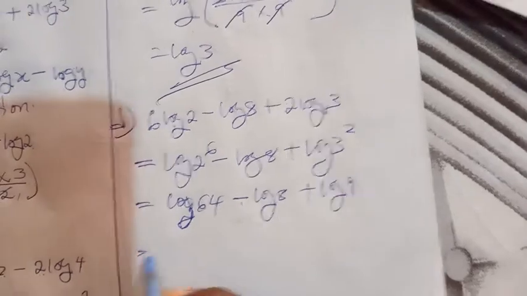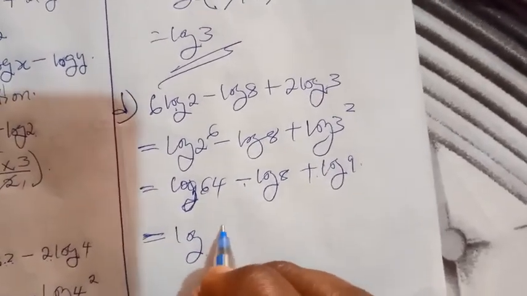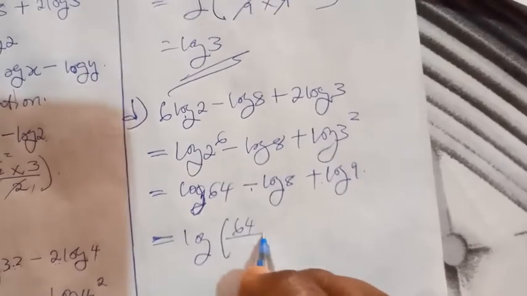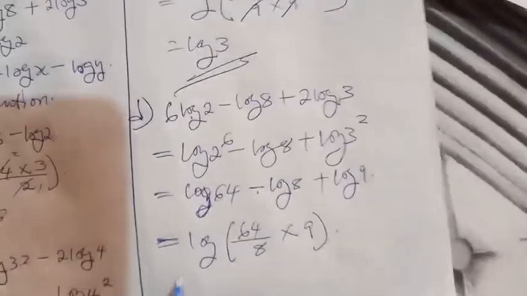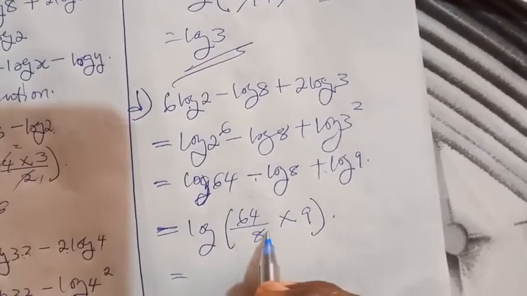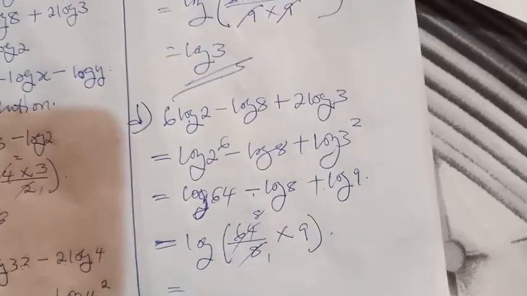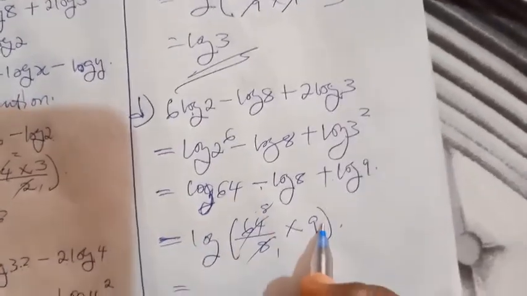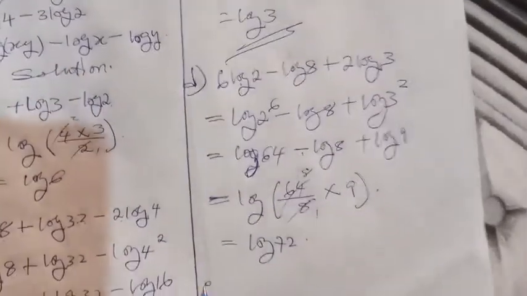So as a single logarithm, I can have log 64 divided by 8, everything times 9. That's my result. So it's going to be 8 here 1, 8 in 64 is 8. That's it. Then 8 times 9 is 72. See, this is just very simple, right? Very, very simple.